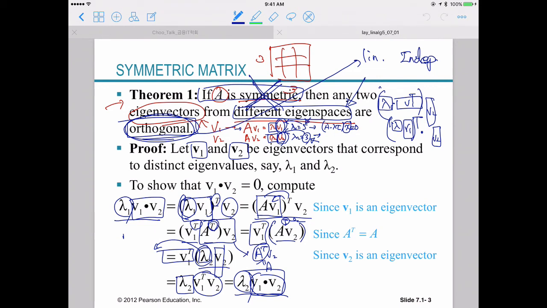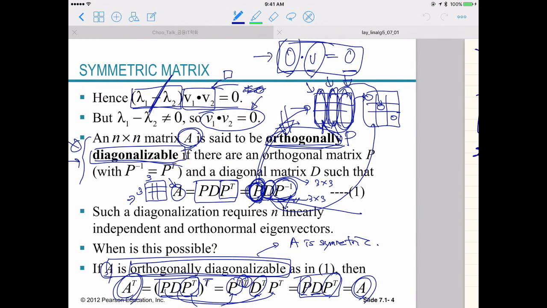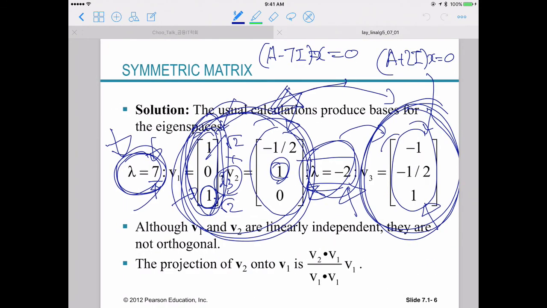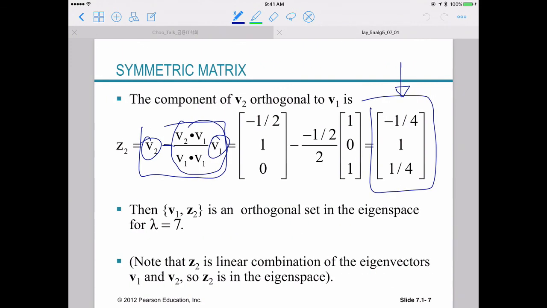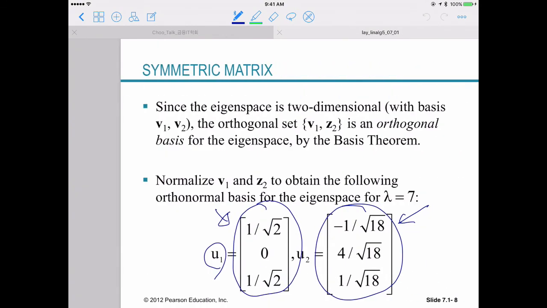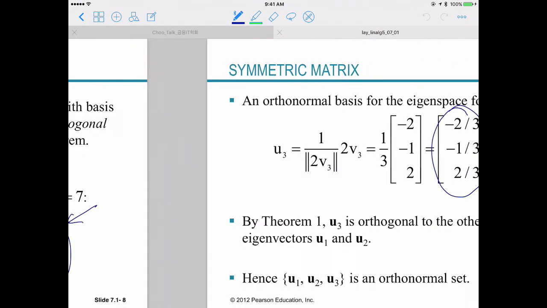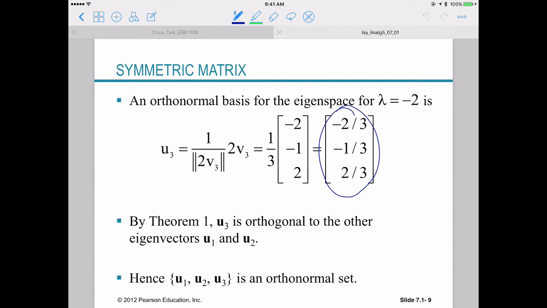So for these vectors and this vector, every pair's inner product will always be 0 because they are always orthogonal to each other. So we have two orthonormal vectors and one additional vector, and now we have successfully obtained three orthonormal vectors.